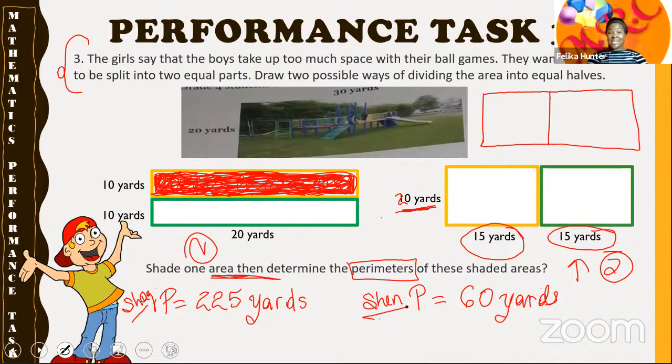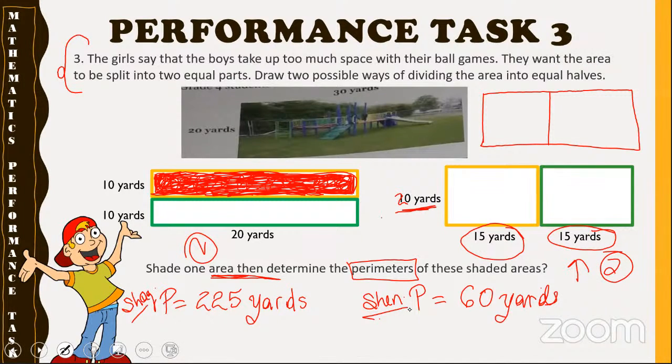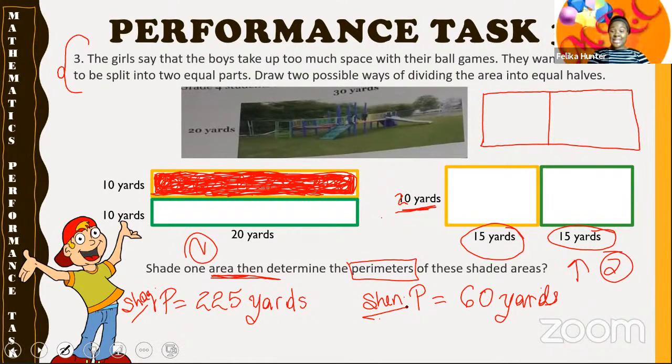So we have 2 answers so far. Sahari, perimeter. Yes, Miss, I'm still working it out. Okay, all right. Ciara says it's 60.